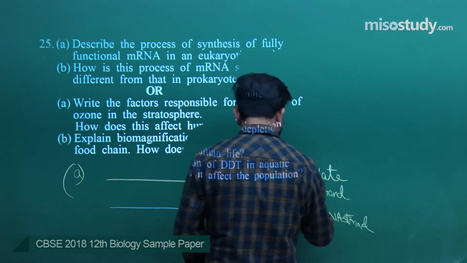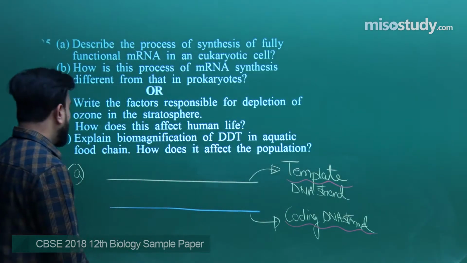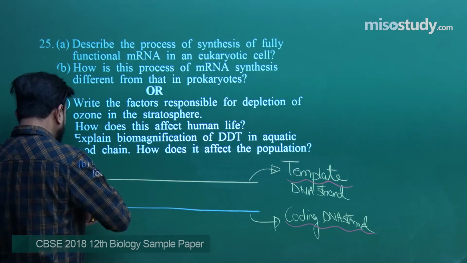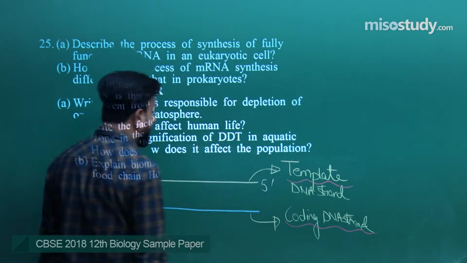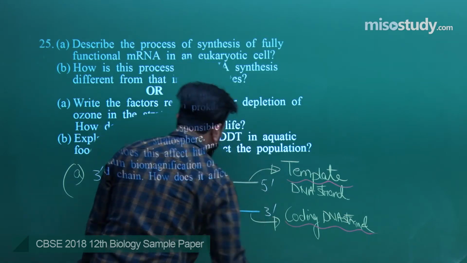Now in the template DNA strand, we can write the direction from 3' to 5', and this can be 5' to 3'.